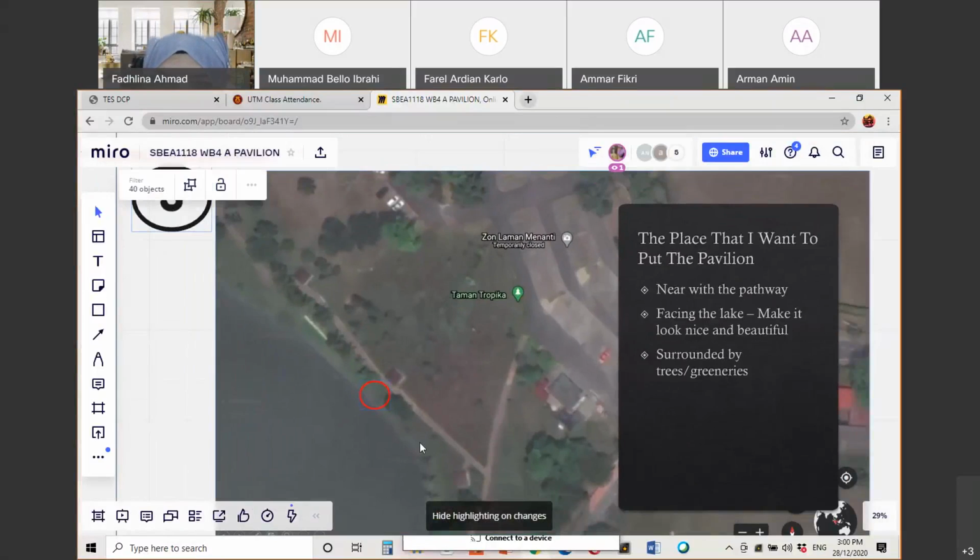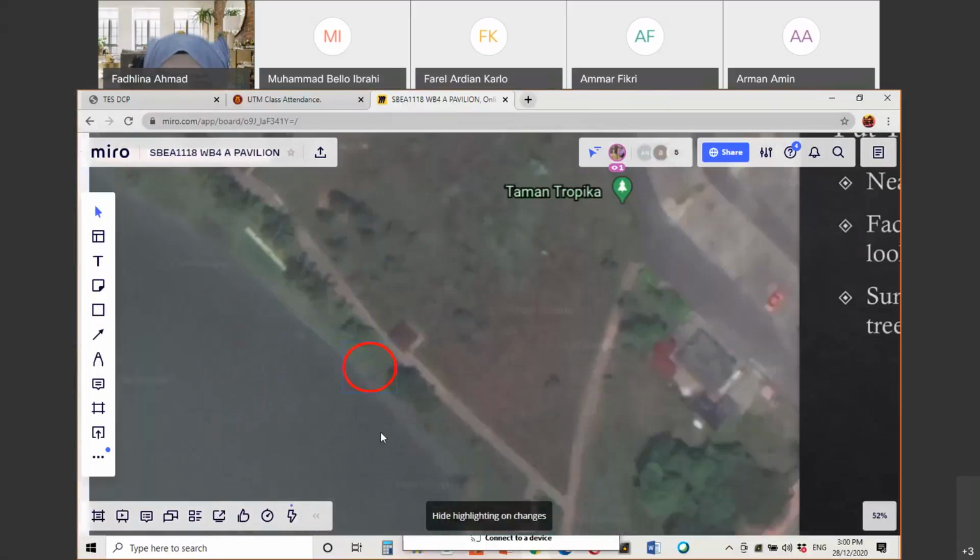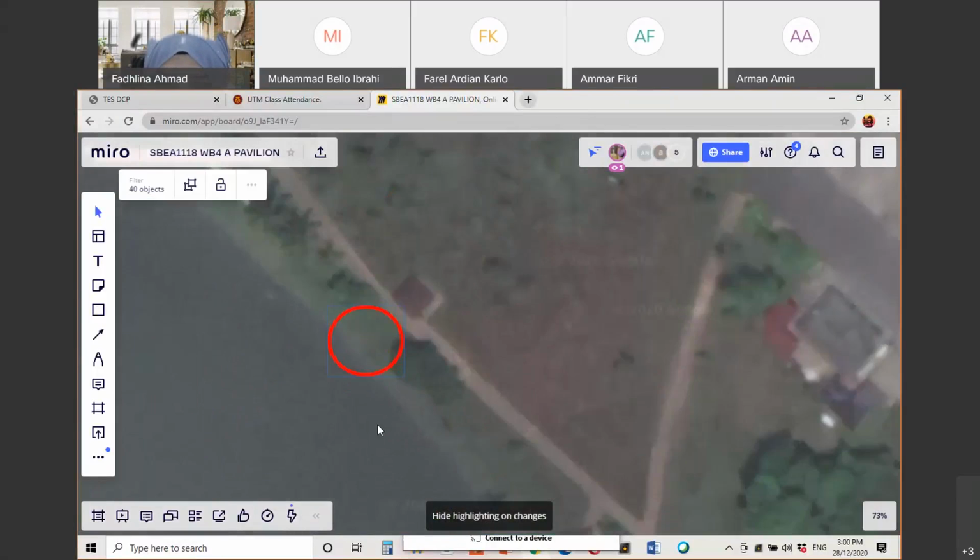I want to put my pavilion there because it's near to the water, the lake, surrounded by trees and greeneries, and also near the pathway, so it's easy for visitors to come and visit my pavilion.